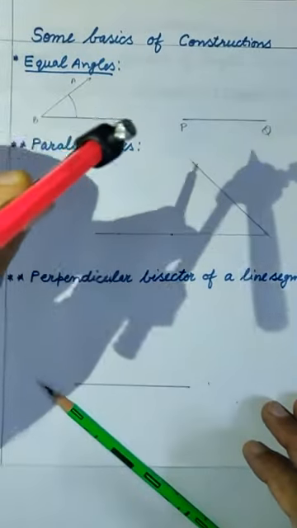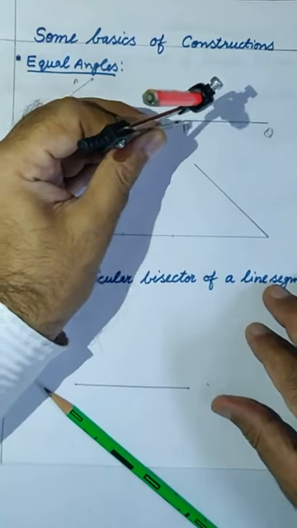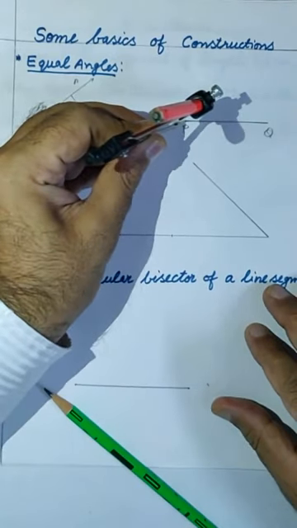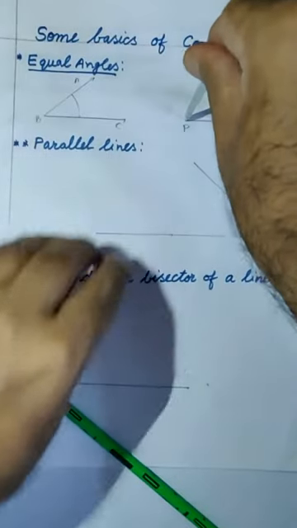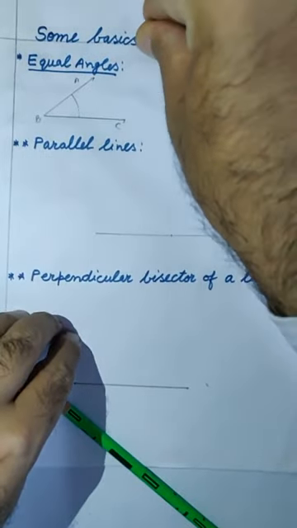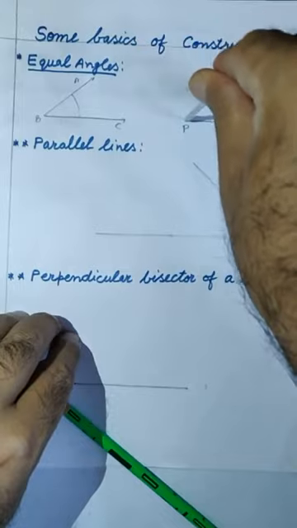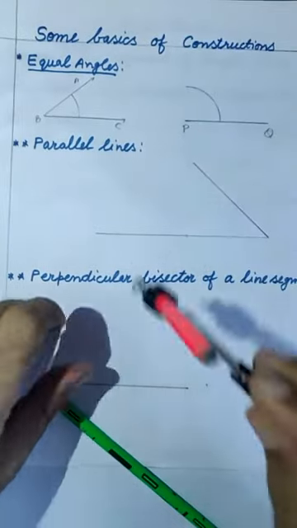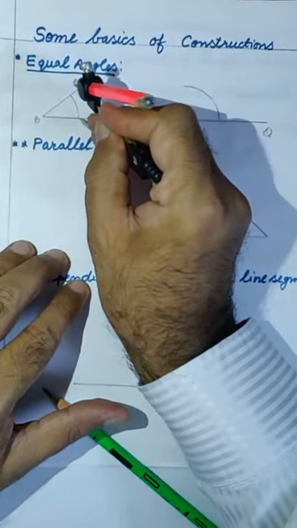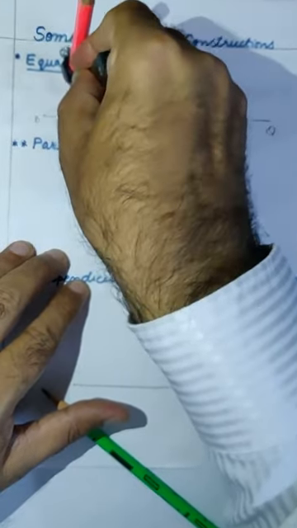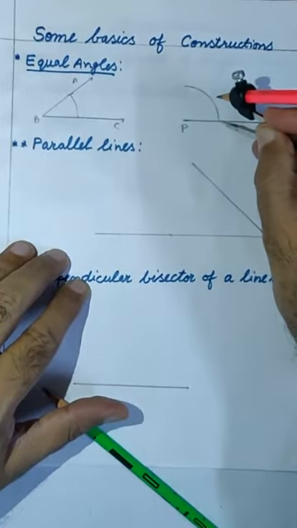And the same arc you will draw here. Then you will measure the arc. You measure up to here, and the same you cut here.